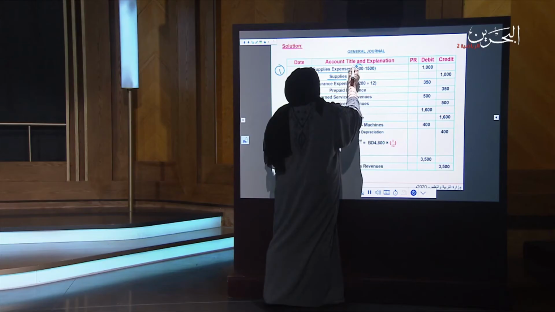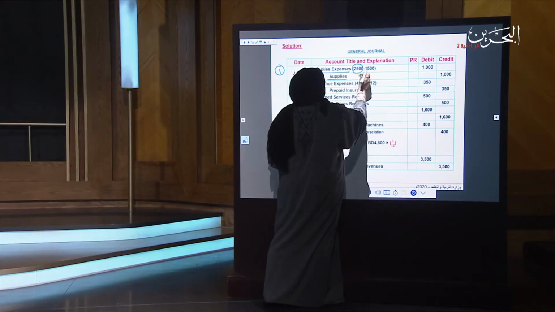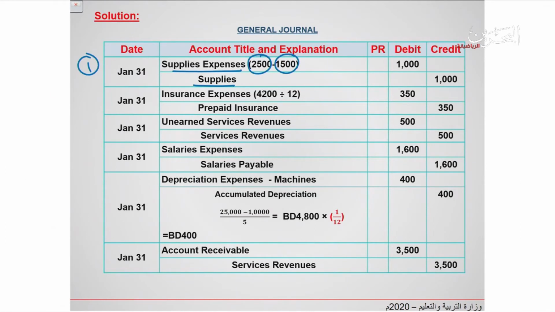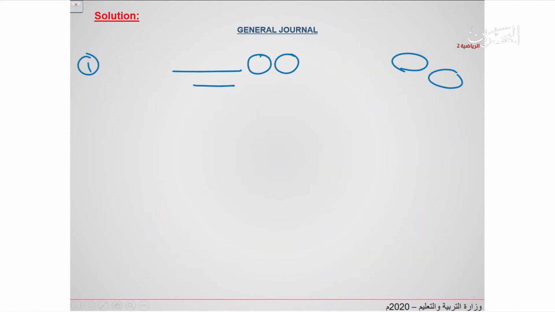Here 2,500, I take it from the trial balance, and 1,500 from the transaction. Now, I will subtract 2,500 minus 1,500. I will get 1,000 in the debit side and 1,000 in the credit side. Let's go back to the question, transaction number 2.